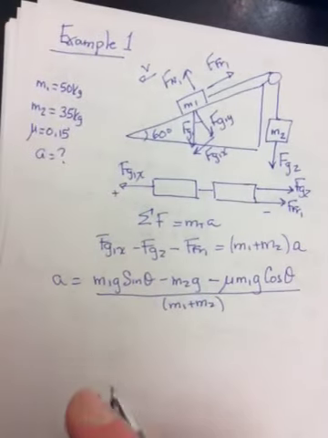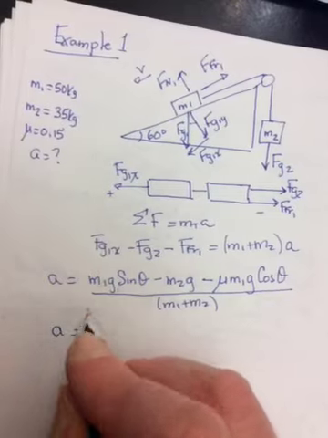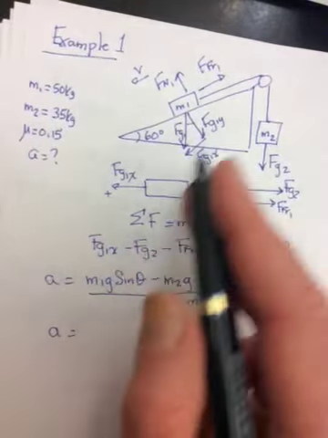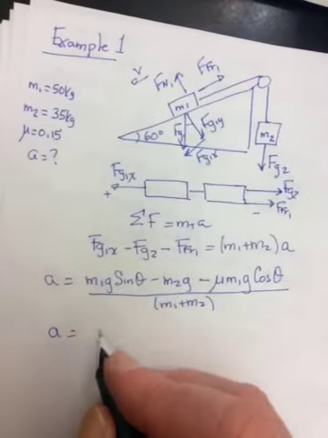So really, it's just exactly like a sum of the forces question. There's nothing more complicated. You just have to divide up your forces and figure out which way it is moving.